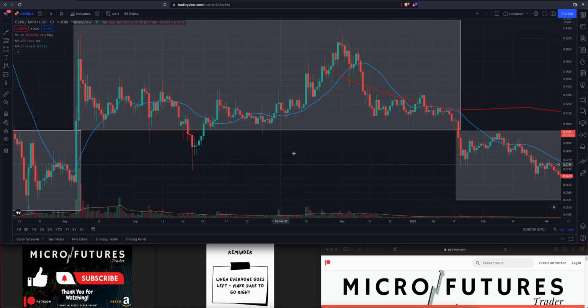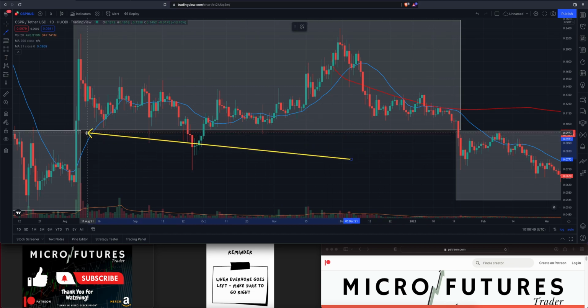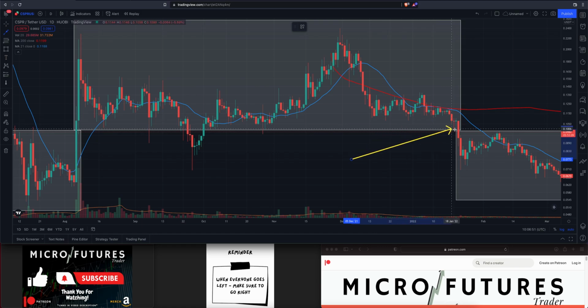And you could see over to the right-hand side, more recent times, CASPER turned that old support area, this whole level right here, and broke below it. Now we're back in this old trading range back in here.